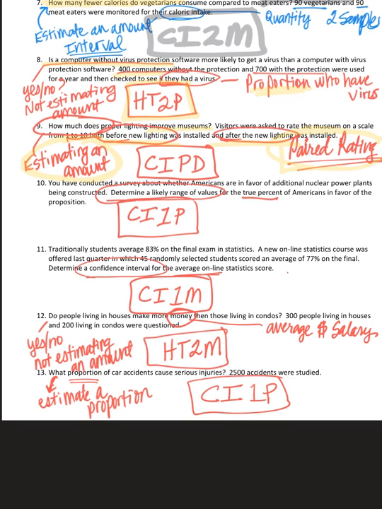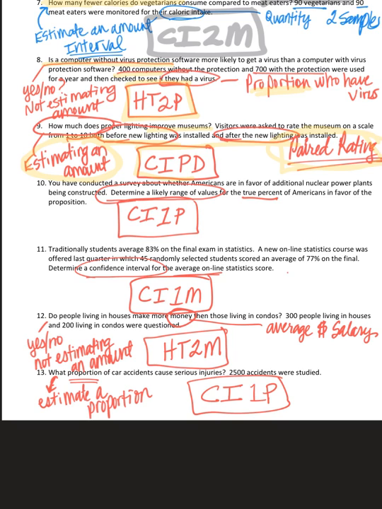So I would be comparing their rating before and after, and I don't care how they rated it before or how they rated it after. I want to know how much change occurred. So then I will average that change. In this case, they want you to get a confidence interval for that paired data. Estimate the average change.